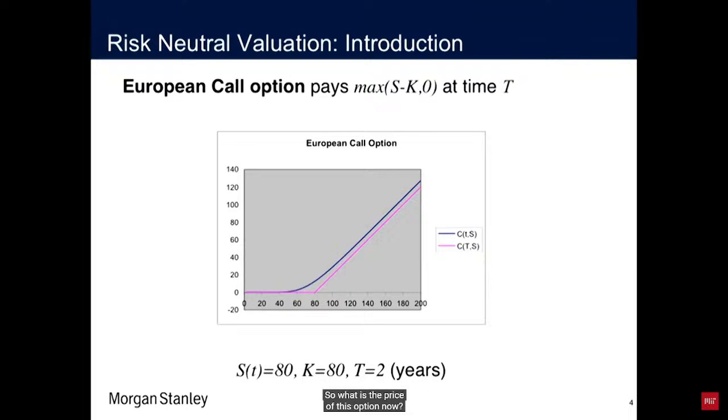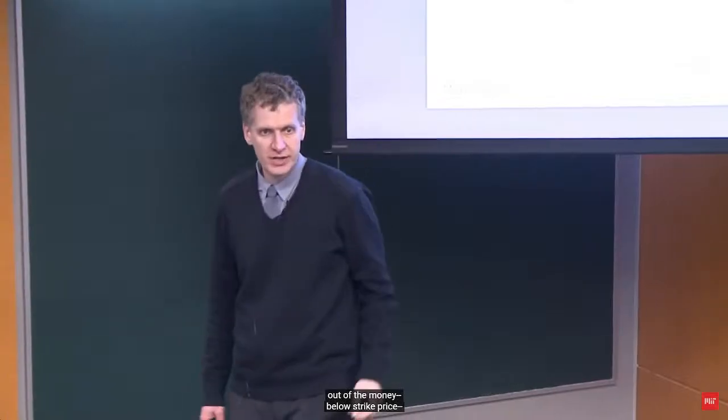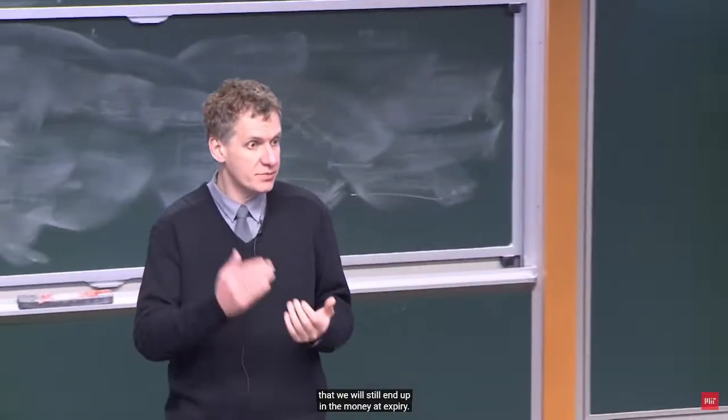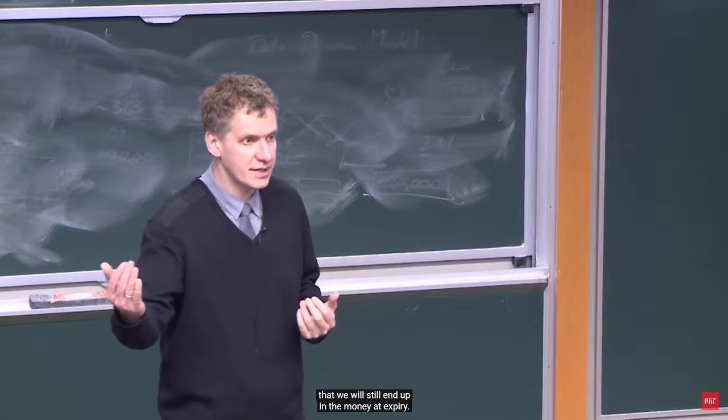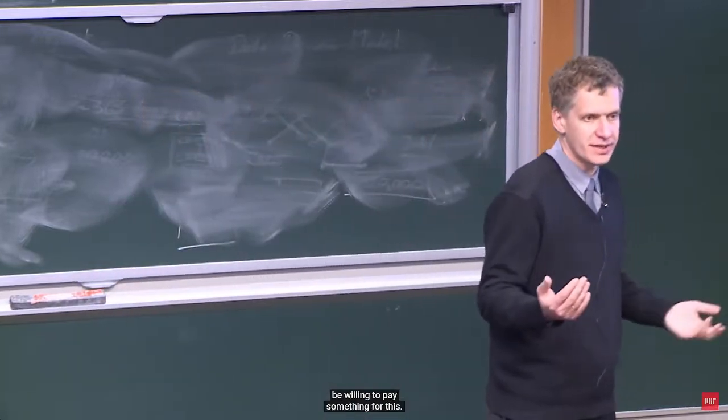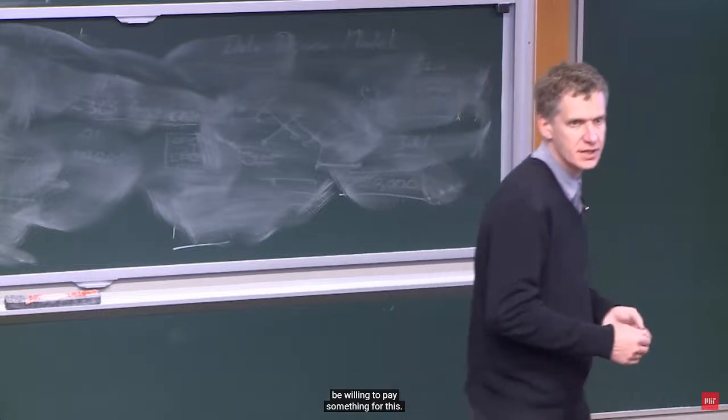So what is the price of this option now? Well, obviously, it should be slightly above, because even if now the asset is slightly out of the money, below the strike price, there is some volatility to it, and there is a probability that we will still end up in the money at expiry. So you should be willing to pay something for this.